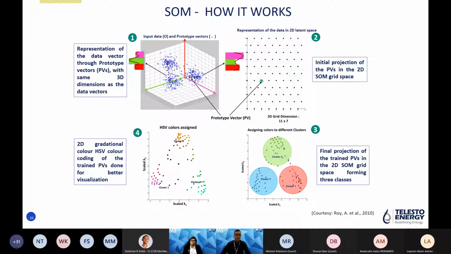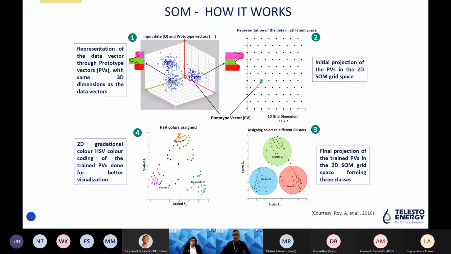And these prototype vectors, let us say here we have used 5 different attributes, and each prototype vector represents all the input attribute data at that three-dimensional space, and this is projected. What you can see on the top right, this is projected onto a two-dimensional grid.